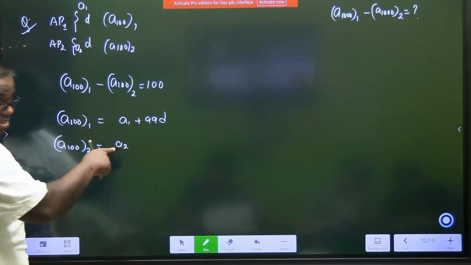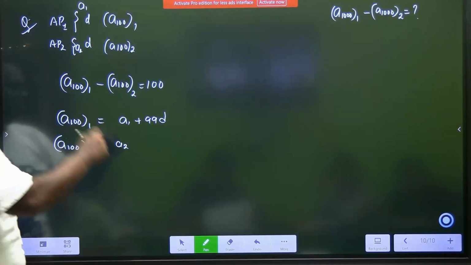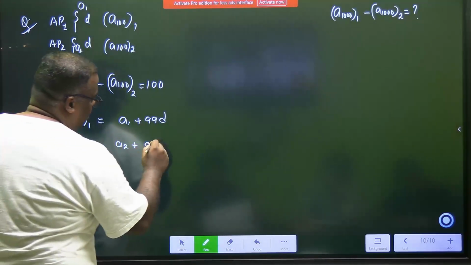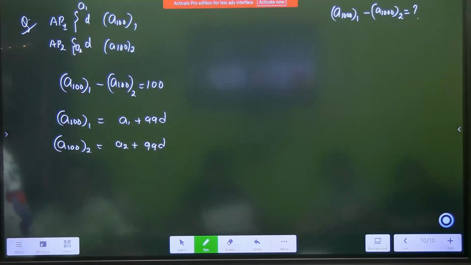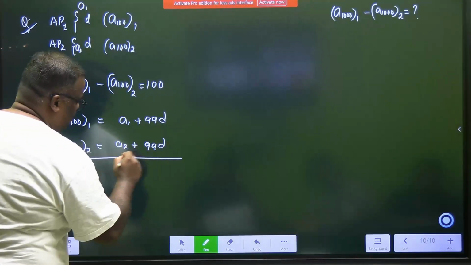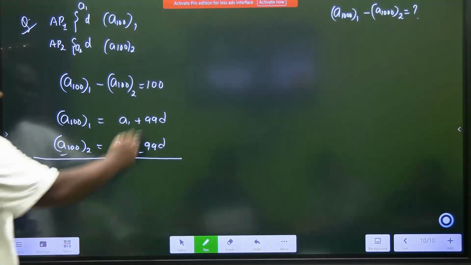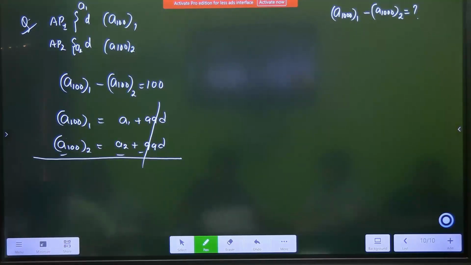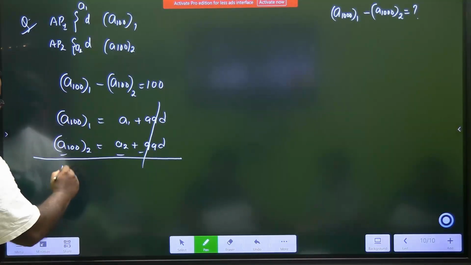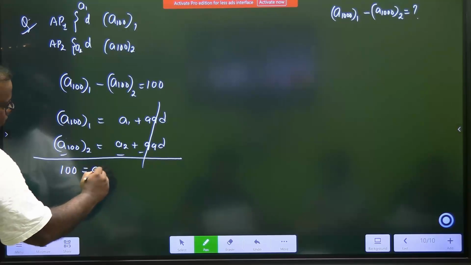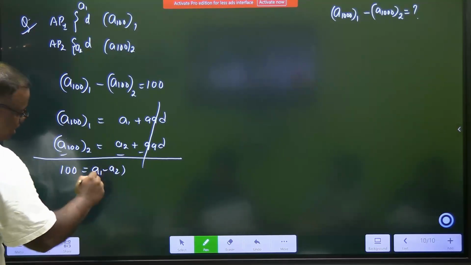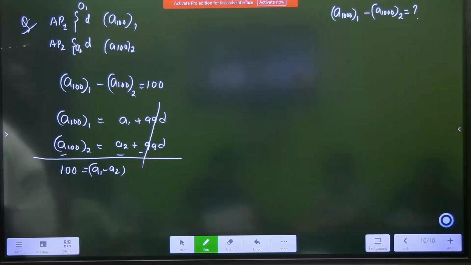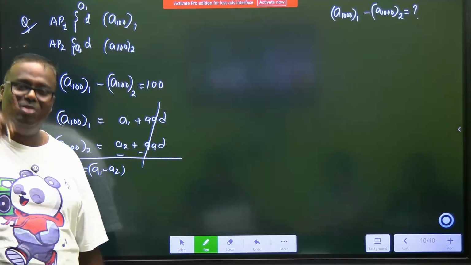This A2 is the first term of the second AP, plus 99D. Now you try to find out their difference. If you find out their difference, this gets cancelled. And this difference is given to you. 100 is the difference of A1 minus A2. We need just that only. Because whenever you do thousands also, you will get A1 minus A2.